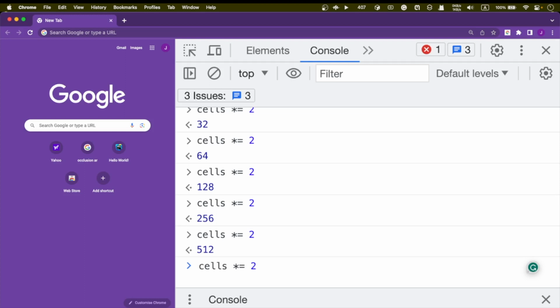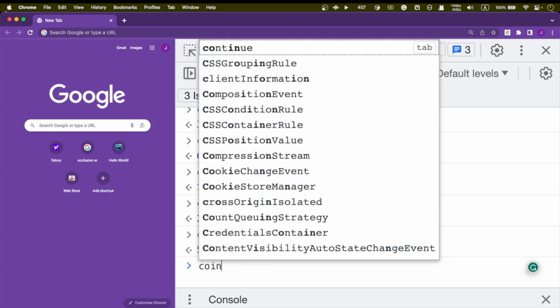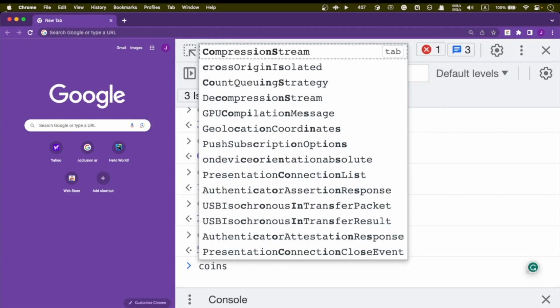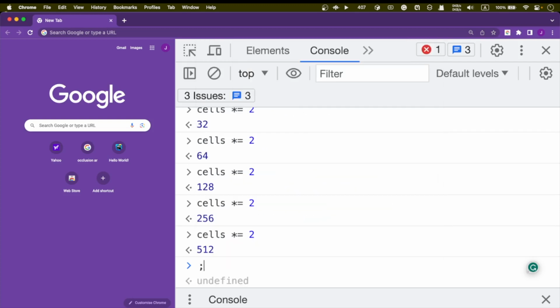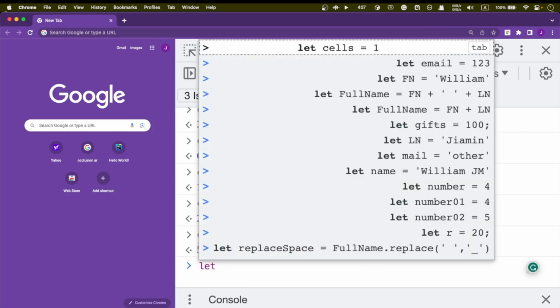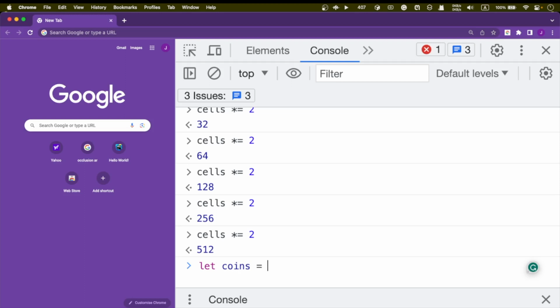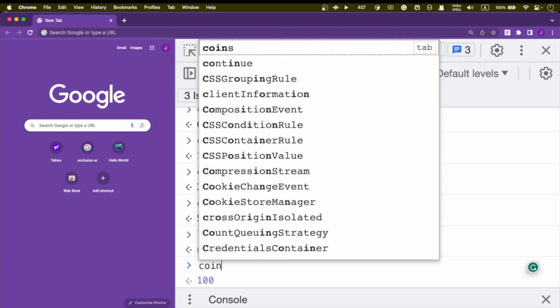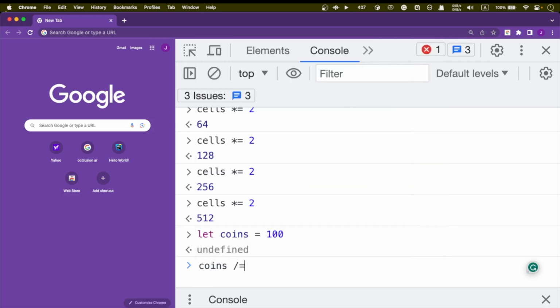And of course, you can do division. For example, you have some Bitcoin, and you can divide that by 2, so it's half. I'm not going to do the whole thing, just a short one. Coins equals 100 to start, and then you can divide that: coins divide equals 2.